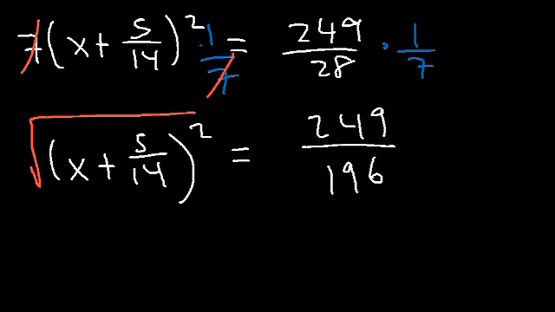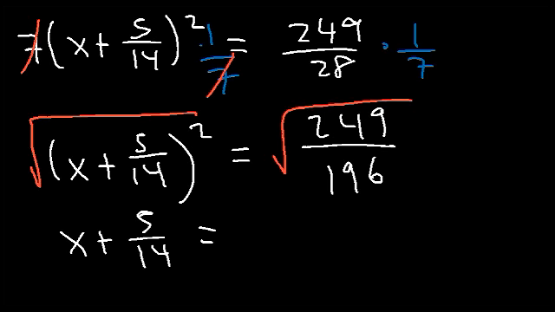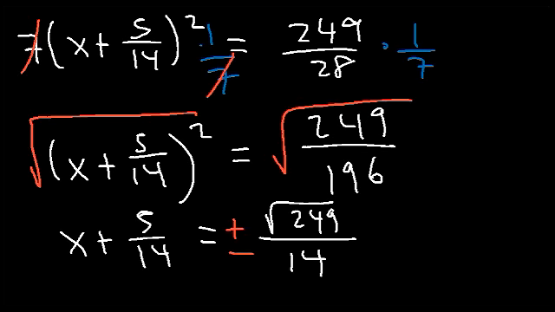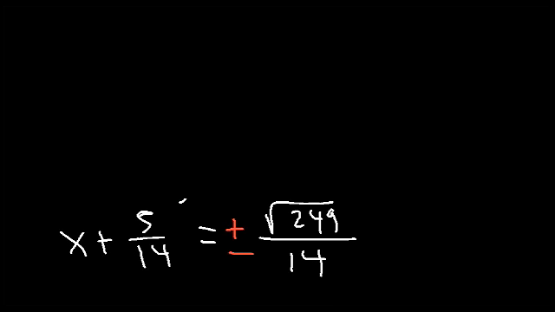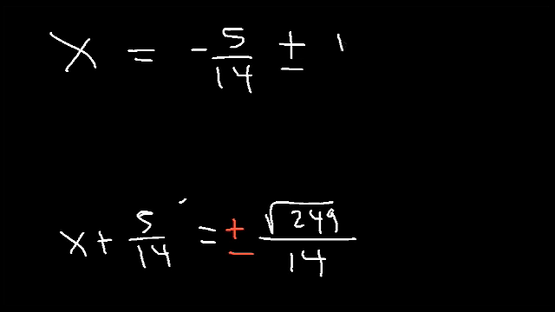So now let's take the square root of both sides. We can't simplify the square root of 249, so it's going to stay root 249. However, the square root of 196 is 14. So it's going to be plus or minus. So the final answer for this problem, if we subtract both sides by 5 over 14, is x is equal to negative 5 over 14 plus or minus root 249 over 14.